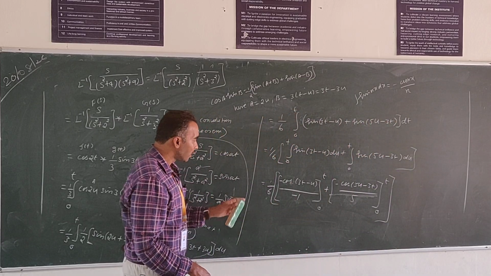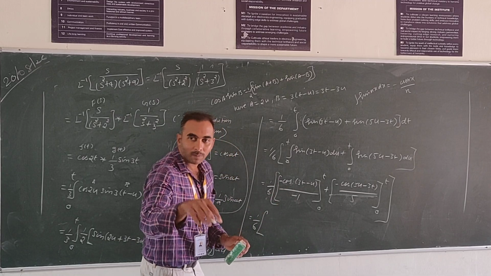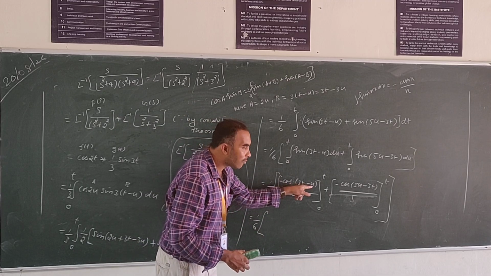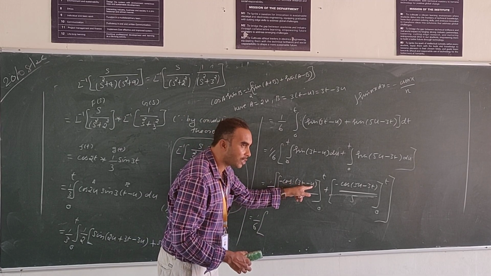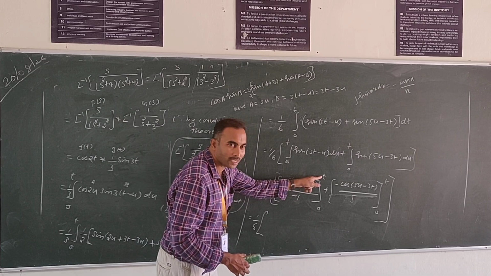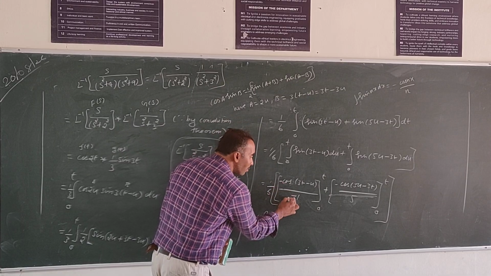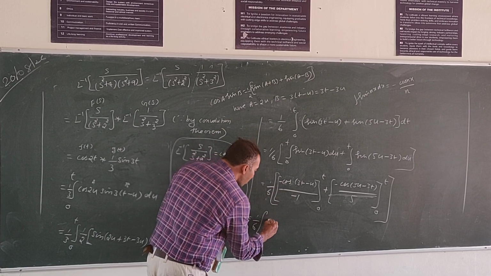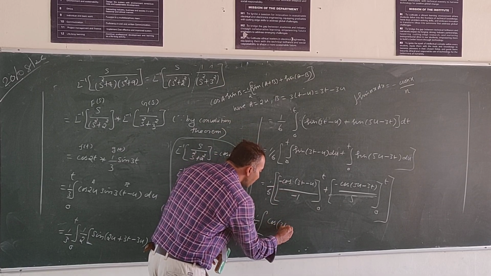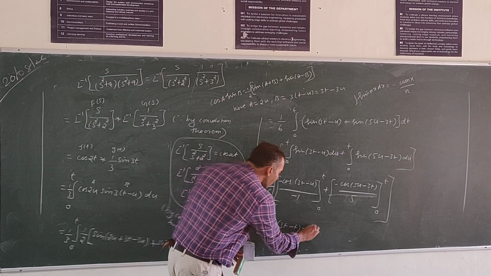Next, equal to 1/6 times upper limit minus lower limit. For the variable only we write the limit. Instead of u we put the upper limit t minus the lower limit 0. So first, minus into minus gives plus cos(3t minus t), upper limit minus lower limit.